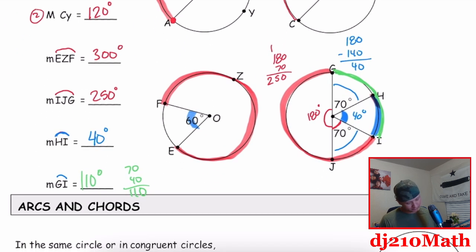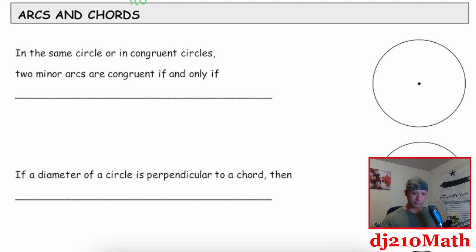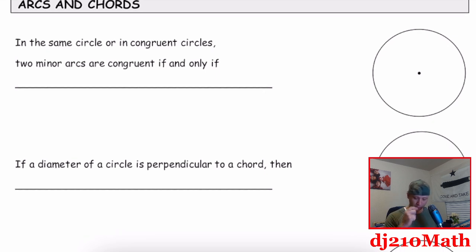All right, next topic. Let's talk arcs and chords. Just remember what a chord is. It's a segment that has its endpoints on the circumference of a circle. We are going to look at some examples of that.